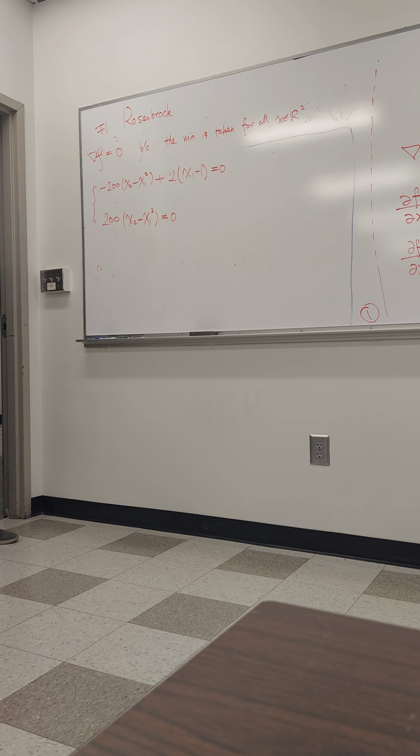Which tells us in the 2 dimension, okay. Oh, by the way, let me write down the name of it. So this is called the Rosenbrock function. And this is a very famous benchmark problem in optimization.